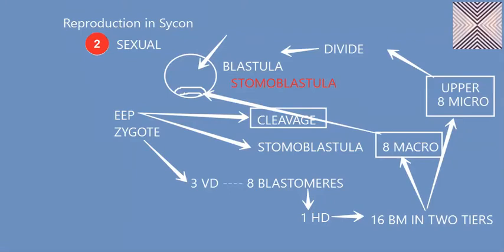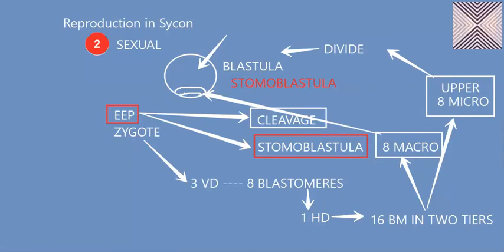This is the structure of the stomoblastula, and this is our second phase. As the early embryonic period, it was divided into 2 parts, the cleavage and the formation of stomoblastula. So at the very end, we have the stomoblastula formed inside the mesoglia. The whole process is going on in the mesoglia of the Sycon.